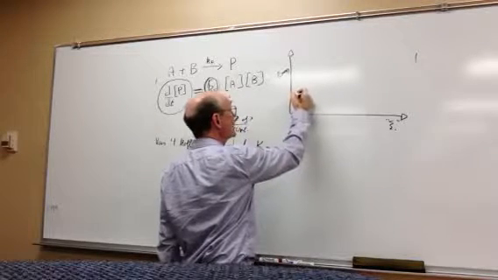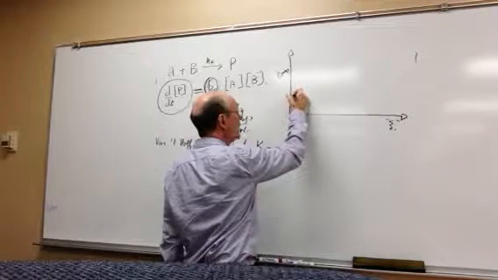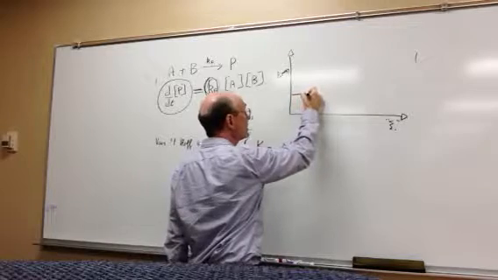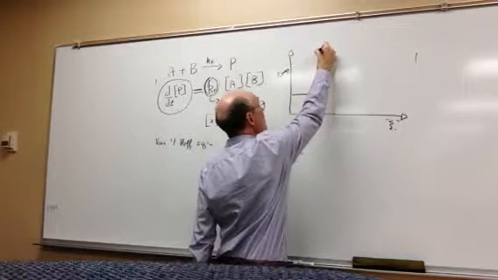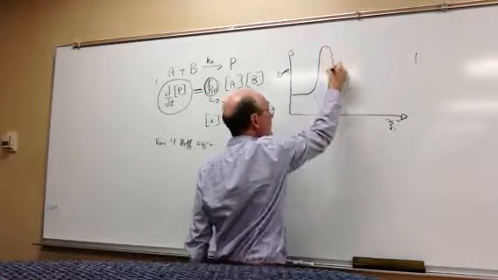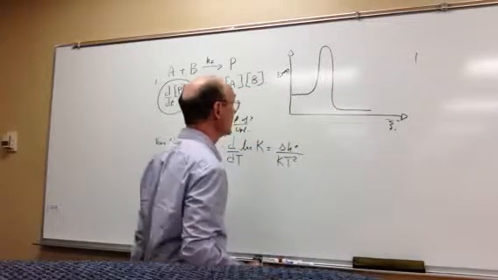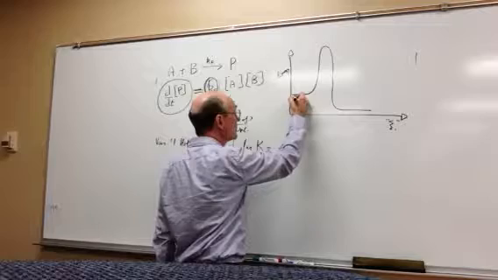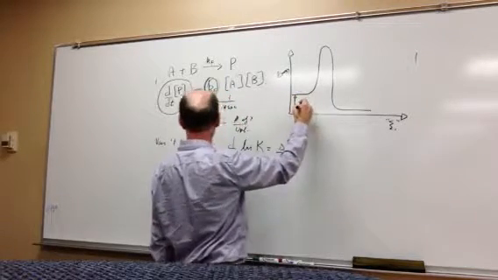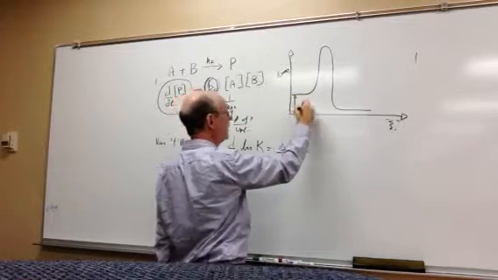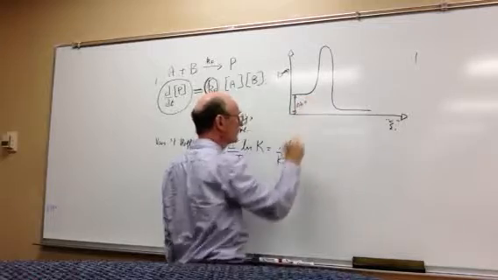So how does the energy go? Well, it starts out in the reactants, and then it increases to a maximum, and then falls below the initial level. This amount of energy is what we call over here delta H naught, the enthalpy of the reaction.